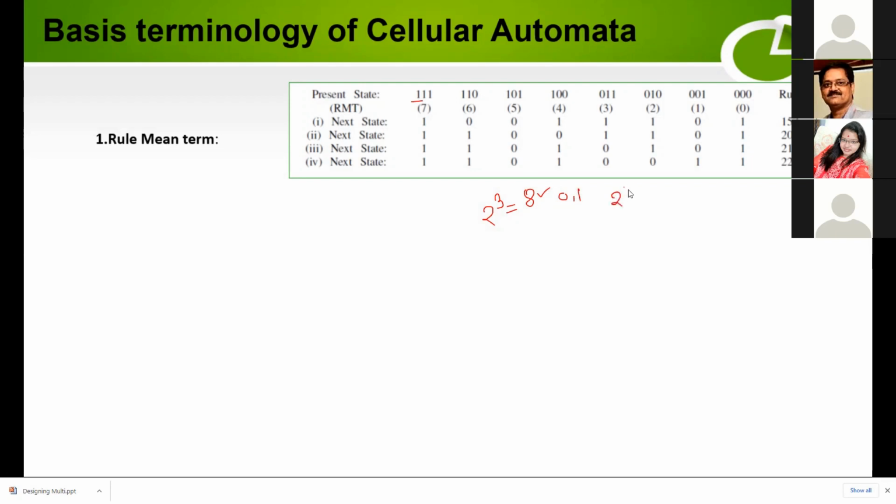So the number of local mapping functions is 2 to the power 8, that is 256, and the range is from 0 to 255. So for elementary cellular automata, the number of local functions is 256, from 0 to 255.